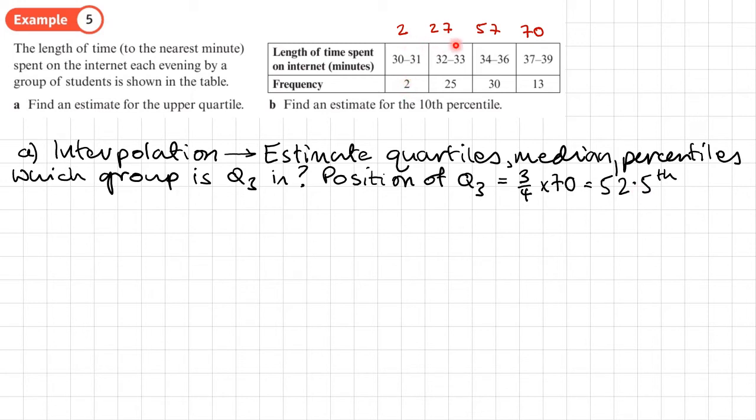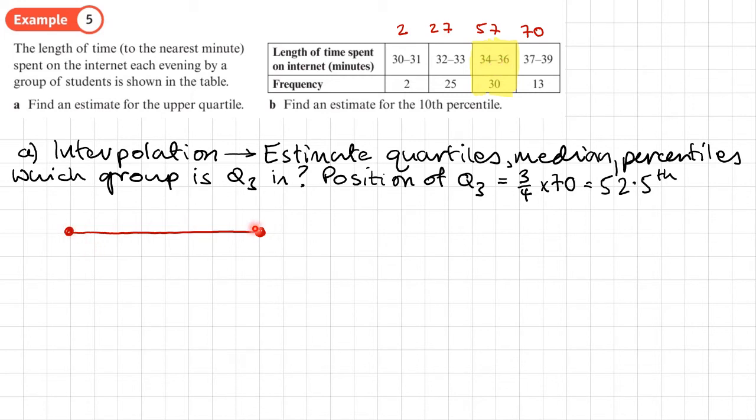Now where will I find the 52.5th number? It's going to be in this group. And these are the values I'm going to be using to help me estimate what Q3 is. Now I'm going to draw a diagram. This diagram should help me to work out where I'm going to find Q3. Right, so this bar represents this group here.